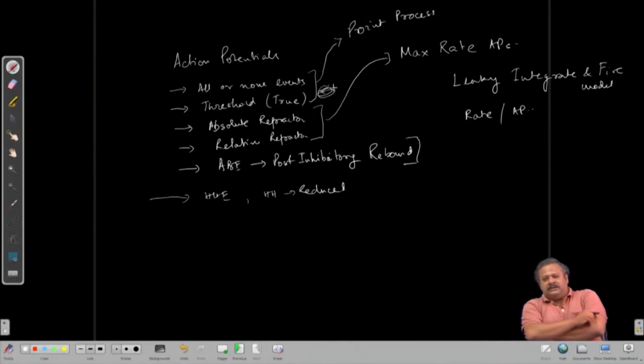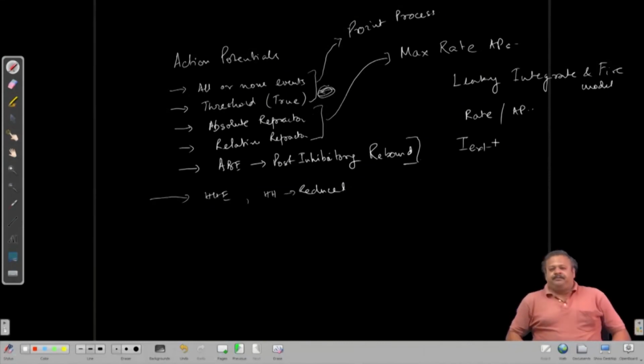And in these cases, what we model in more detail is the I external going into the neuron model. So, if we can get a better idea of what the input currents are onto the neuron, then our probability of firing or firing rate over time can be estimated to a very good degree, and we can understand a variety of things, as we will see later on in the lectures.